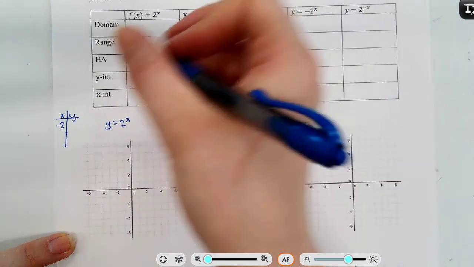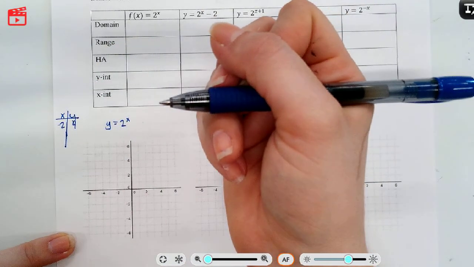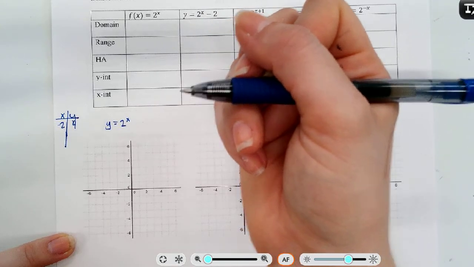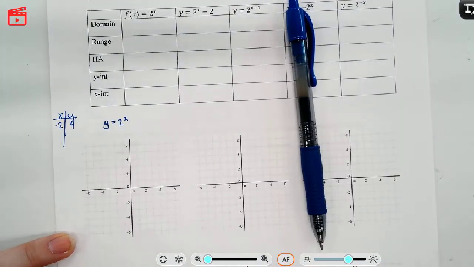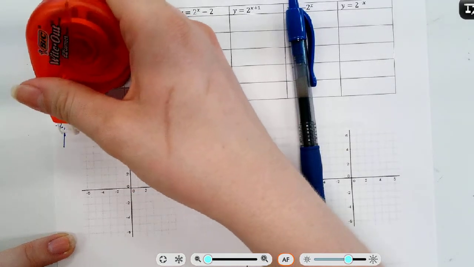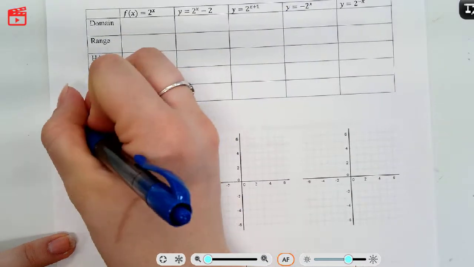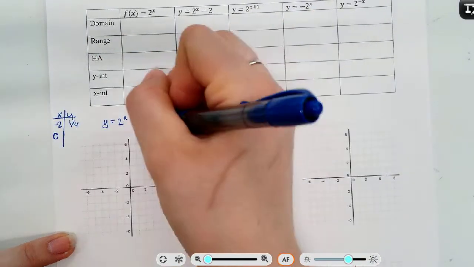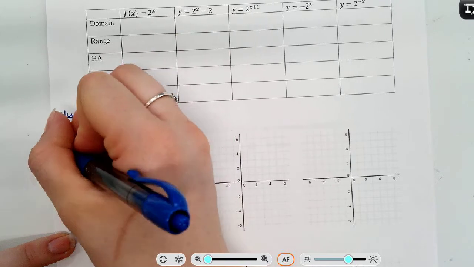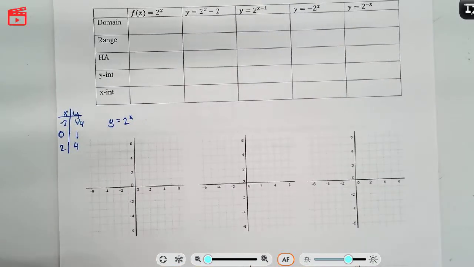My y value is going to be a fourth. And then we'll go with 0. So this is going to be 2 to the 0, which is 1. And then we'll do positive 2. So it'll be a 4. Okay, so those are the points I'm going to be sticking with.